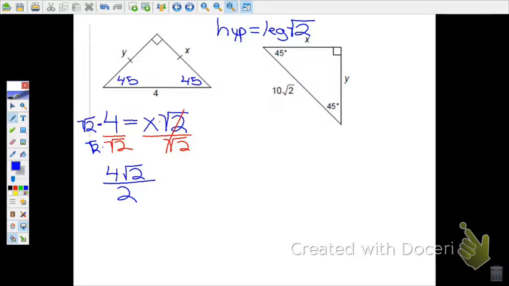So I have 4 square root of 2 over 2, but I need to simplify, just like when we multiply with division. If they're outside of the radical, we can simplify. So my answer, x, is 2 square root of 2.